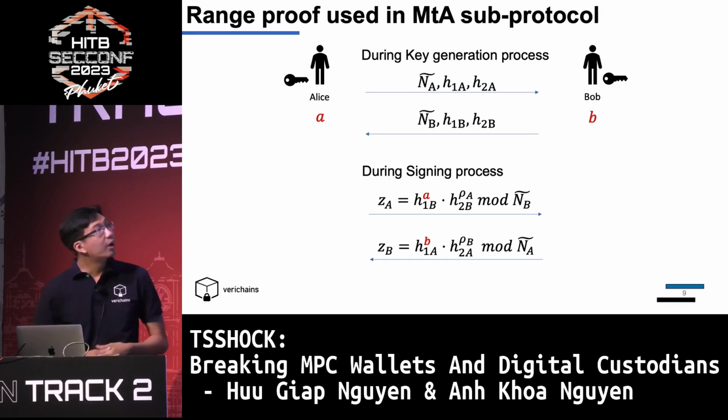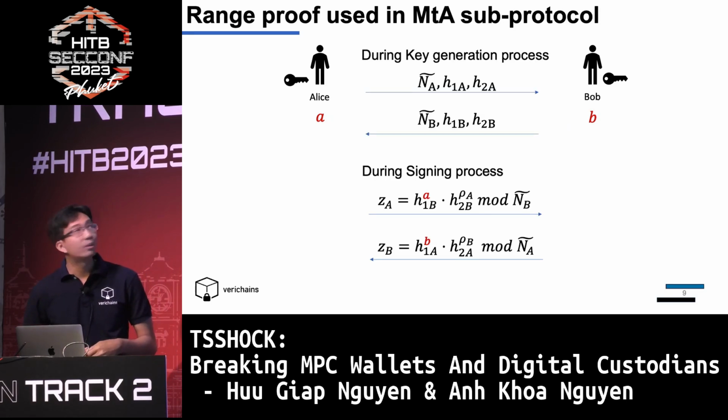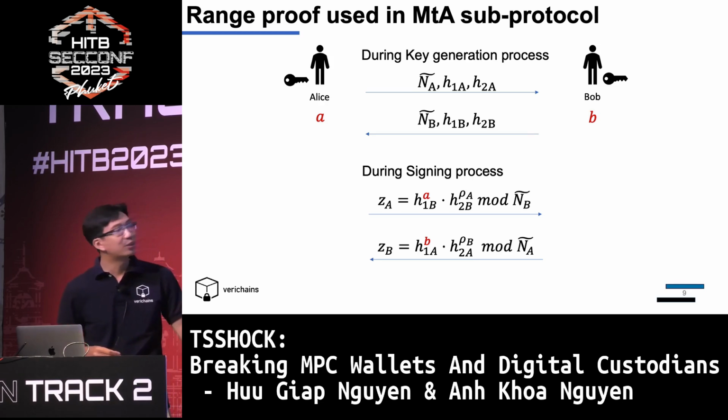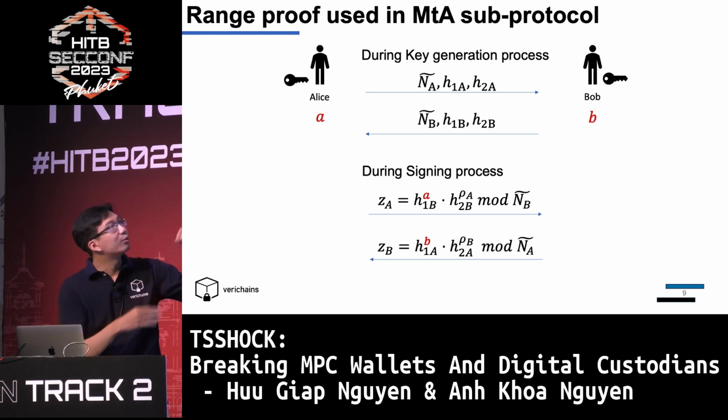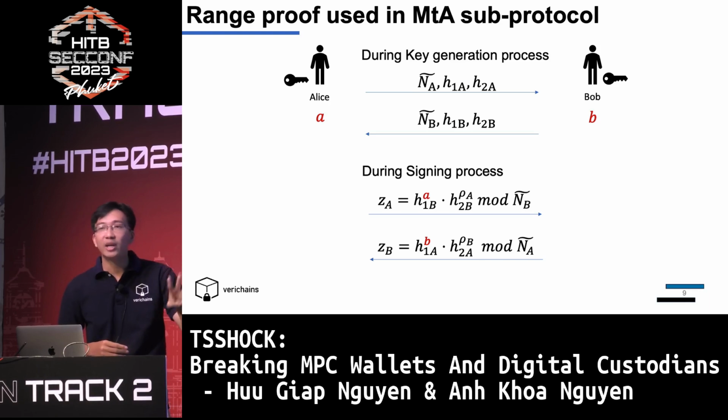The range proof in the MTA sub-protocol has a lot of things, but we only focus right here. We have the key generation, where Alice will send Bob 3 random values that Alice generates, and Bob will also send Alice 3 random values that Bob generates.